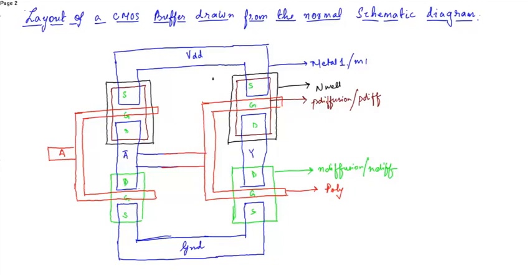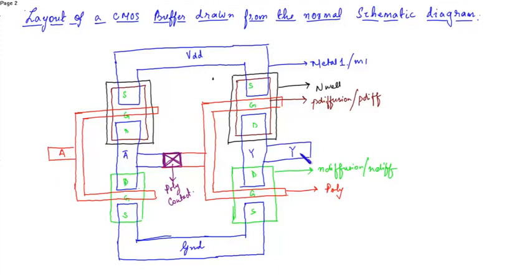So we have to place a contact, it's a poly contact. Now the output is Y.